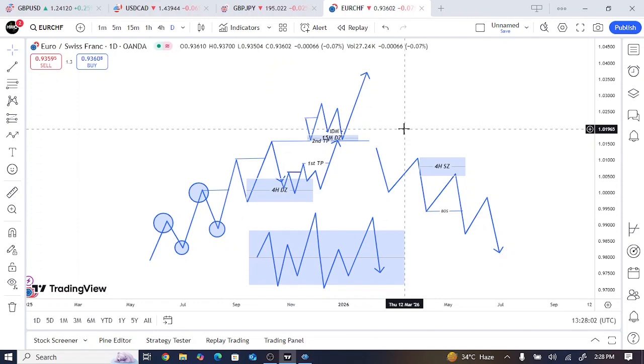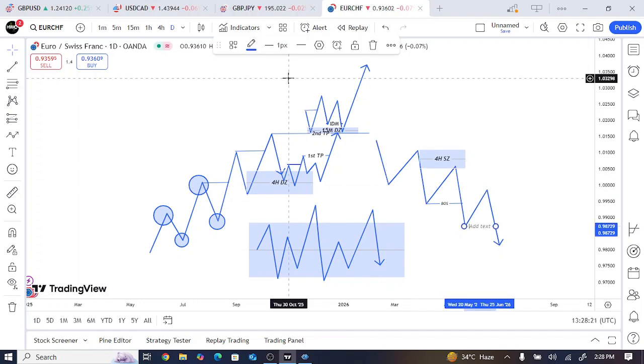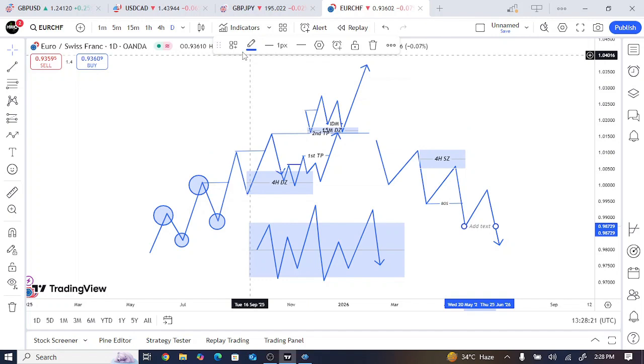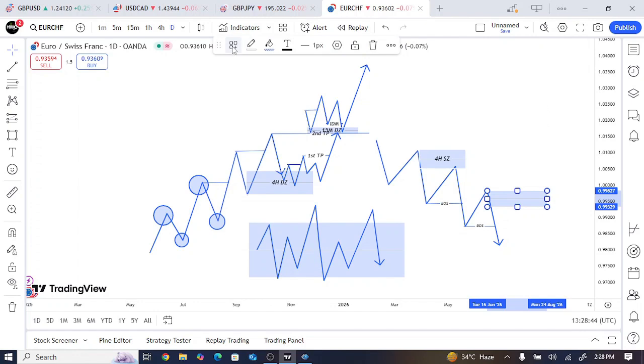That's it. While for the downward movement, we'll be looking for two breaks of structure and a supply zone, a 4 hour supply zone or a 1 hour supply zone.